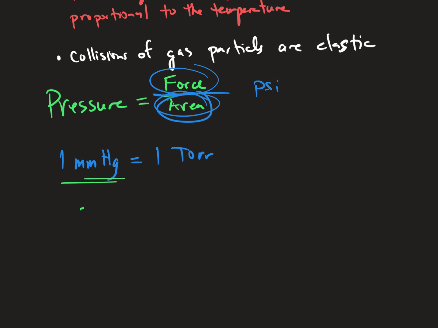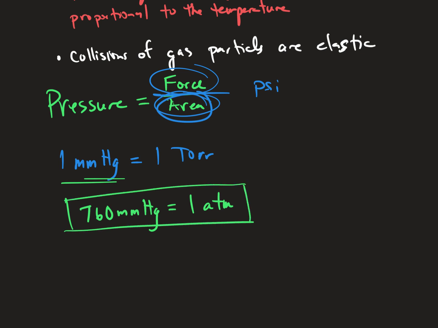But 760 millimeters of mercury is the same as the SI unit of pressure, which is 1 ATM, atmospheric pressure, 1 atmosphere, okay?